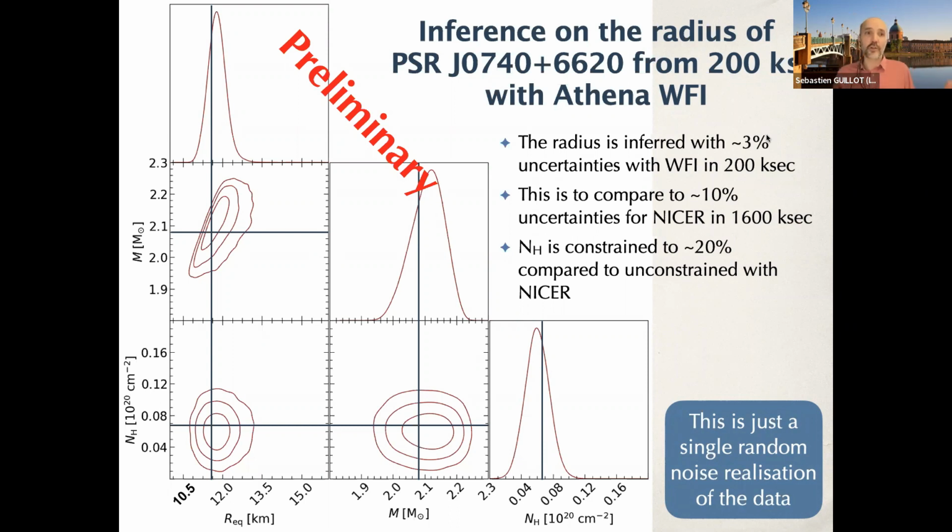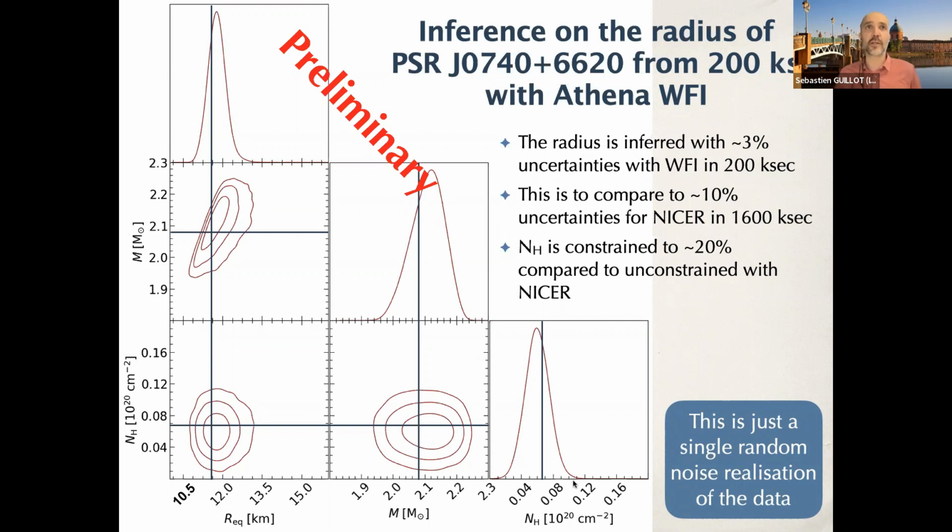But Athena can do a lot better because the background is very low and the background is well constrained with Athena. Remember, NICER is non-imaging, so we can only model the background with large uncertainties compared to an imaging instrument where you can empirically determine the background. I'm showing here the NH, the amount of absorption, that is constrained to about 20% compared to pretty much unconstrained with NICER. And this is just one single random noise realization of the data set.